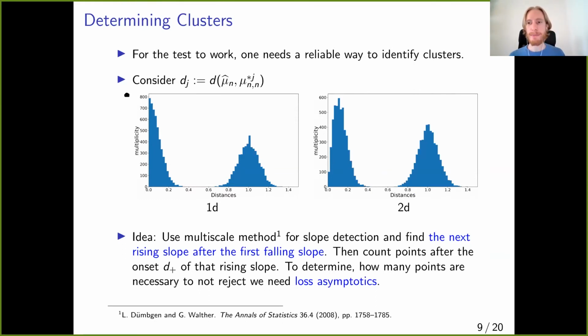So as I said, we need some kind of a reliable way to identify clusters. And so what we do is we only look at distances of the bootstrap descriptors to the sample descriptor. So this is extremely restrictive, right? We have a multi-dimensional parameter space, and we boil this down to a one-dimensional positive descriptor.